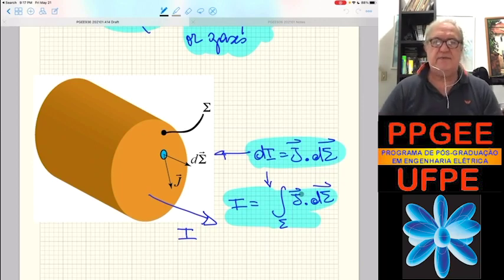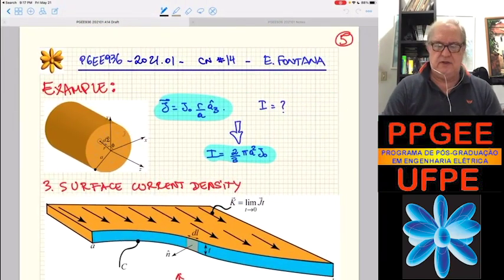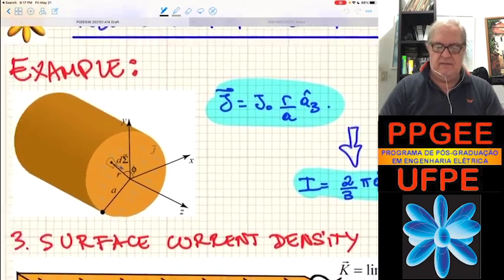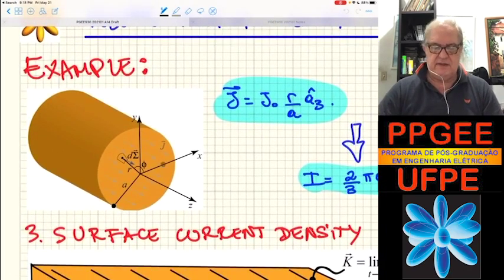For example, suppose you have a cylindrical conductor in which the current density always points in a constant direction, but its magnitude is variable, okay?